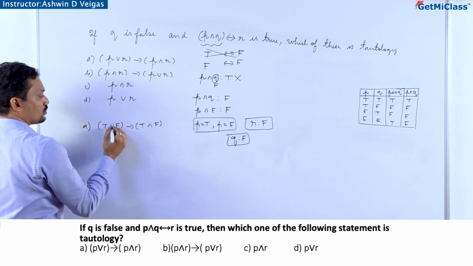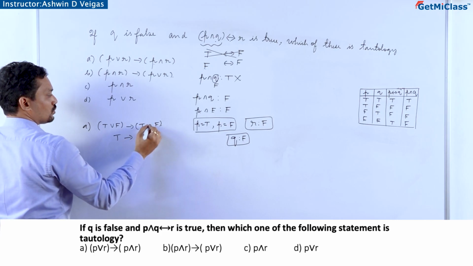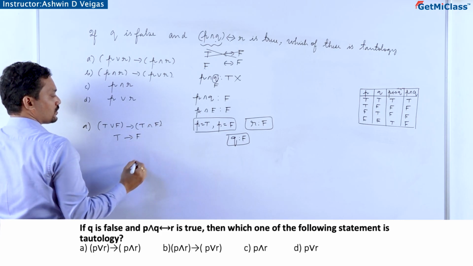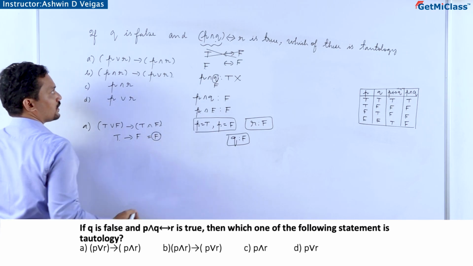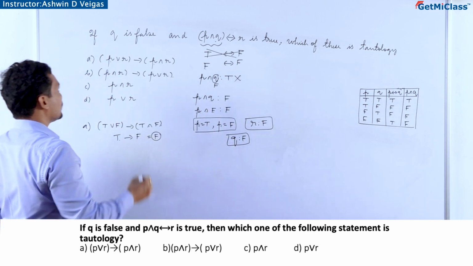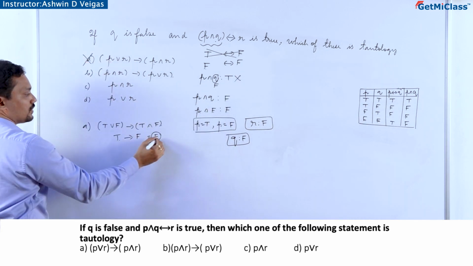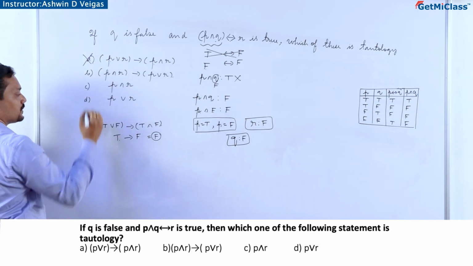So, true or false is true, then true and false is false. So, we get true then false, which is false. The first one cannot be the answer, they are asking for a tautology, therefore, A is coming false, so A cannot be the answer.